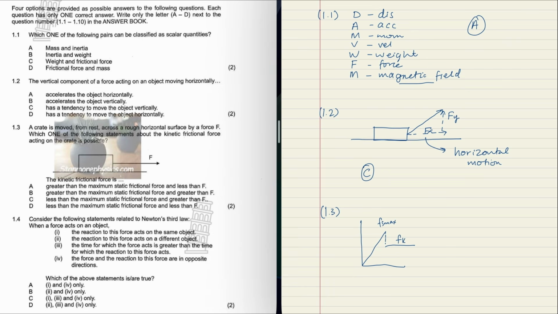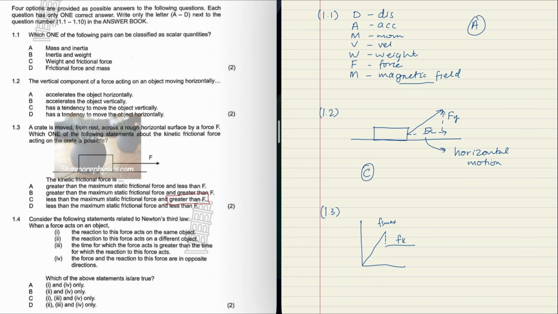Fk is always less than Fs max. So A and B are out. Option C, the kinetic friction is less than maximum static friction, that is correct, and greater than F. So we have to consider, will friction ever be greater than the force applied?